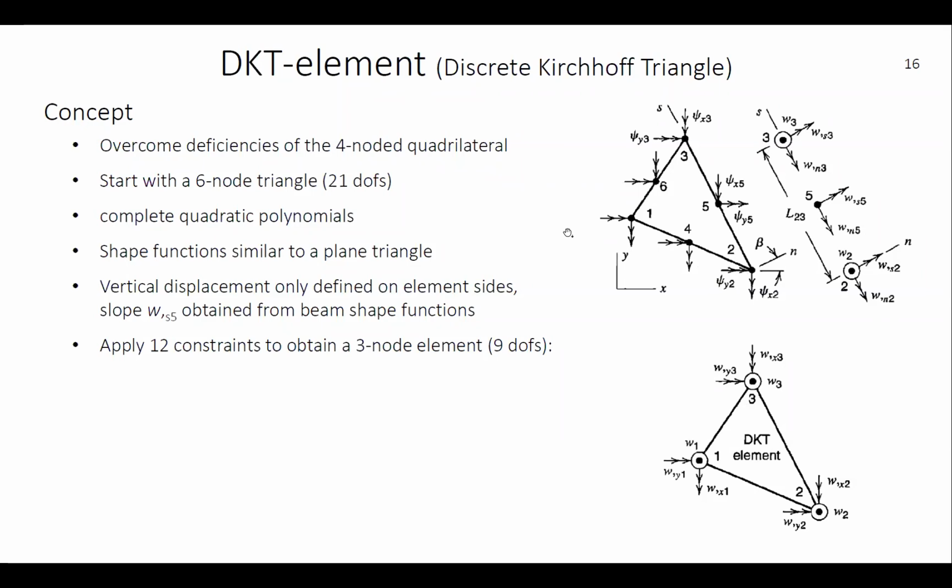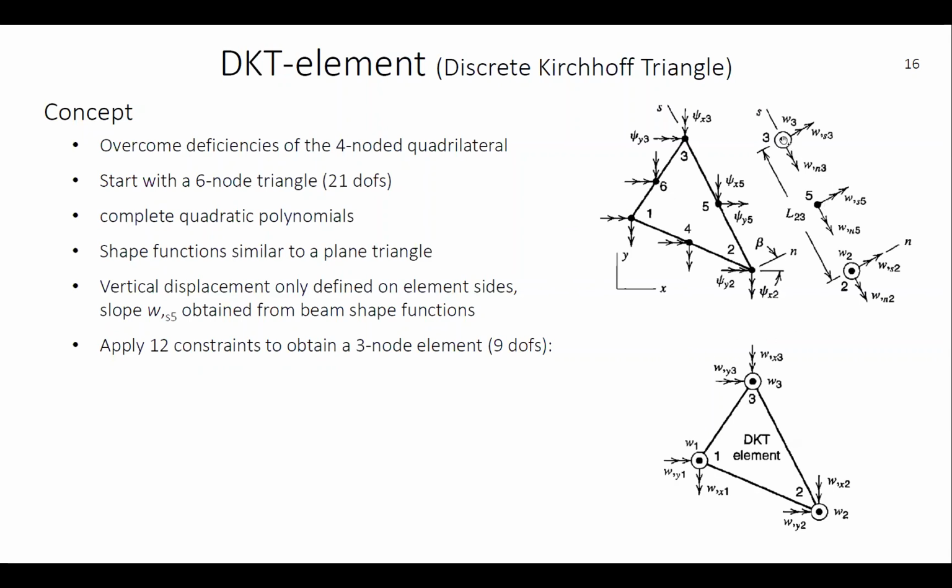We use a complete quadratic polynomial to describe these elements, and the shape functions are similar to a plane triangle. I will show that on the next slide. As I said, the vertical displacements are only defined on element sides, and the slope is obtained by beam shape functions.